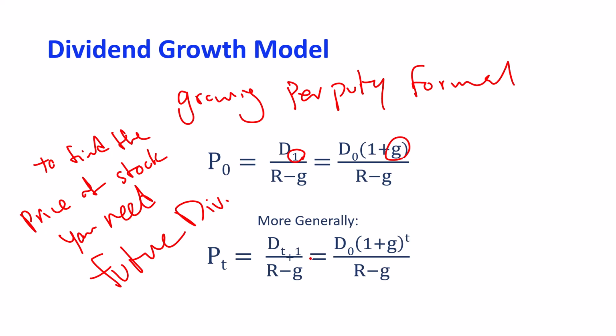At any point in time, price would be the dividend of the next period over R minus g. So if you want the price in year 7, you need the dividend in the next year, year 8, and then the denominator would be the same. So you always need the dividend of the next period to find the price.